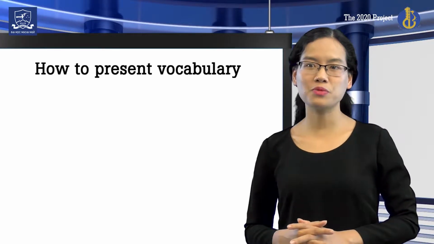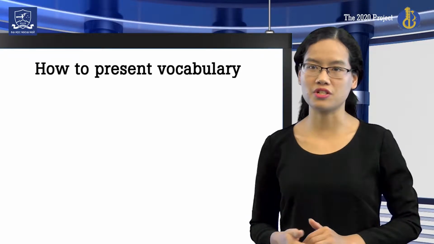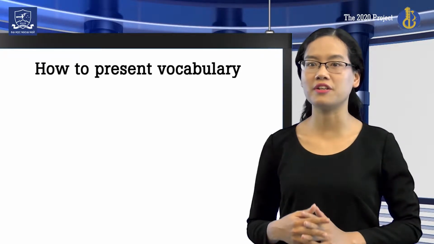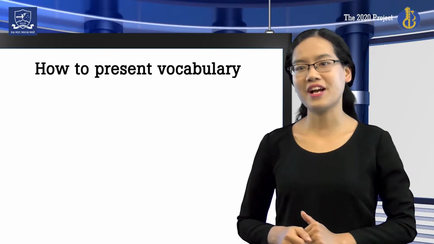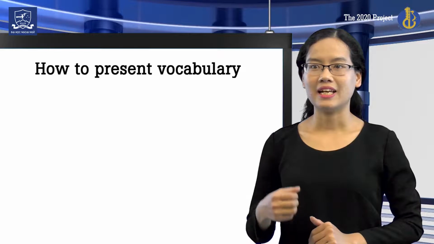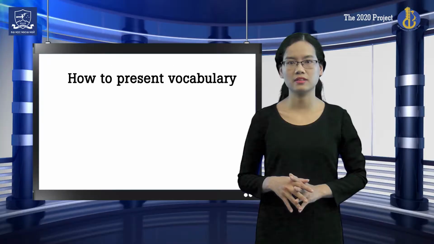Now, how to present vocabulary. As a teacher, we need to decide on a number of factors in a vocabulary lesson. The first factor is how many vocabulary items to teach.